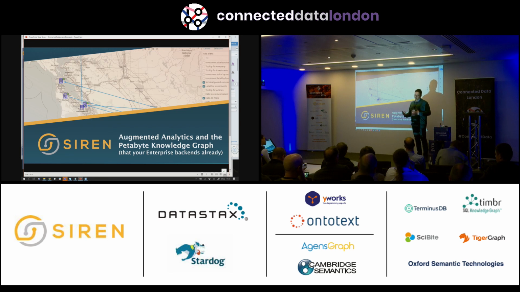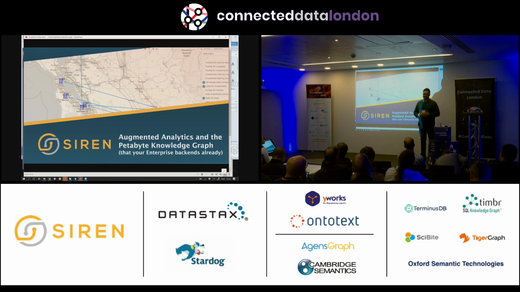However, what we're claiming here, and you'll see now, is that if you have a petabyte of data in your enterprises, and I was talking yesterday with a friend of mine who works at MasterCard, and he says it's actually 15 petabytes, then you're not going to put them in graph databases ever, right? Maybe in 50 years. But you still want to see it as a knowledge graph. You still want to connect all the dots if you want to catch the bad guys, right? So how do you achieve that?